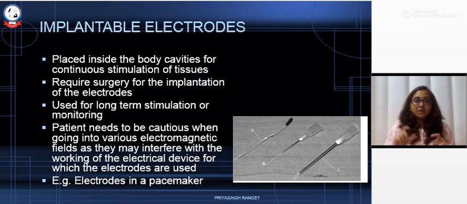So whenever the patient is going into an electromagnetic field, the field is going to interfere with the working of the pacemaker. And whenever we are using implantable electrodes, this kind of problem will always be an issue for the patient. So the patient will always need to be cautious whenever they are surrounded by a strong electromagnetic field.